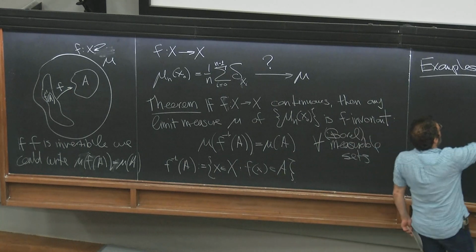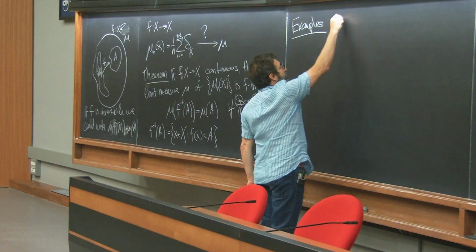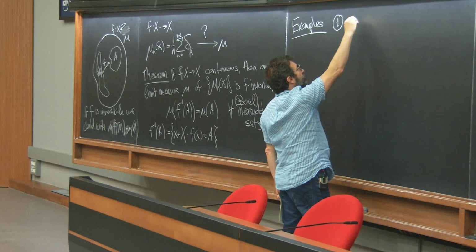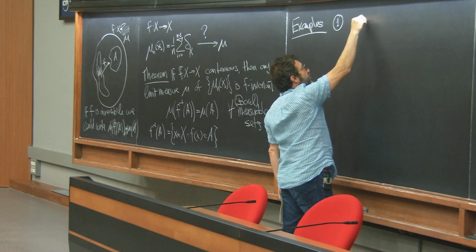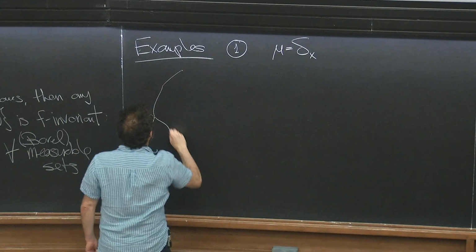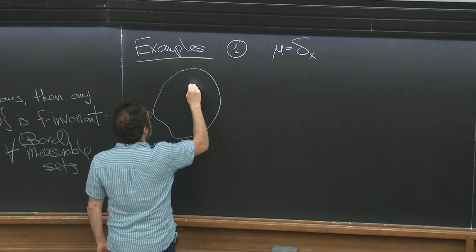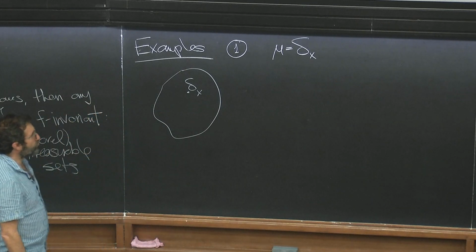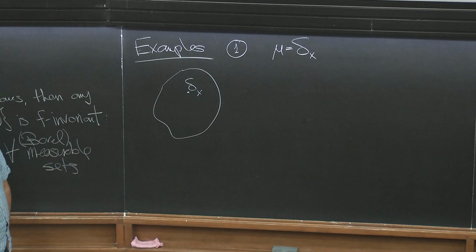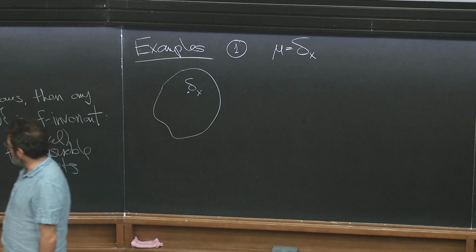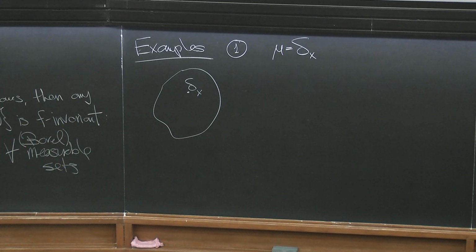Okay, so obvious examples. Let's take the Dirac delta on some point. So suppose mu is just the Dirac delta on some point x. Is this measure invariant?